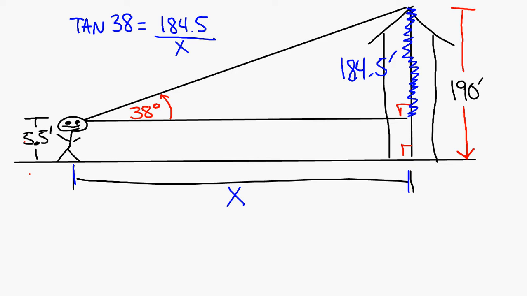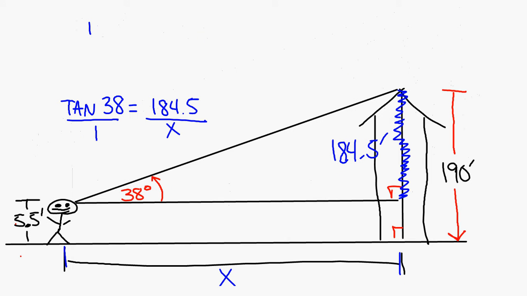So you can put your tan 38 over 1. And you're going to crisscross multiply. Tan 38 times x is tan 38x. And 184.5 times 1 is 184.5.